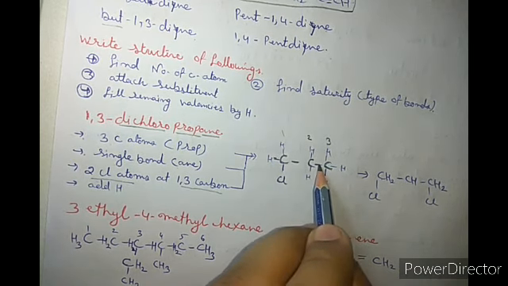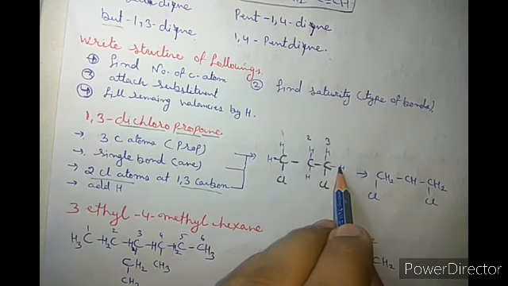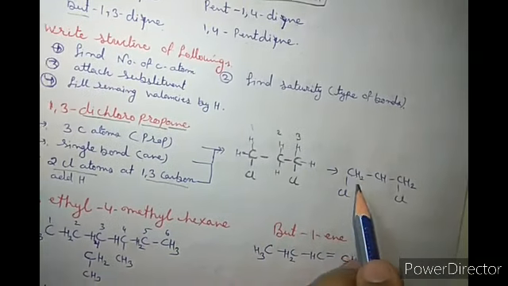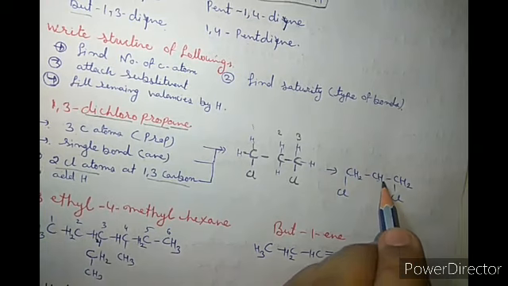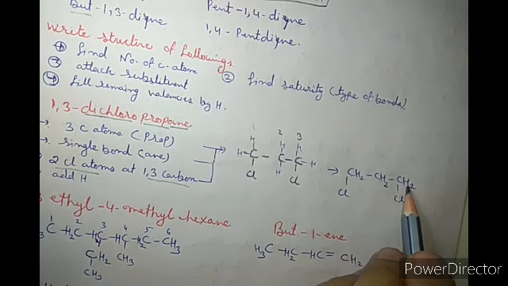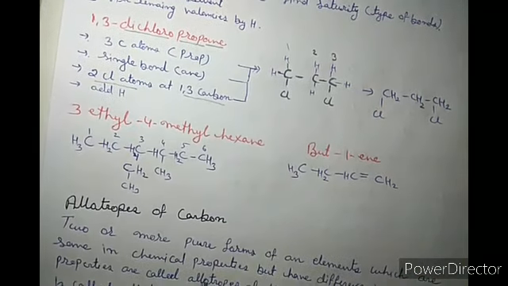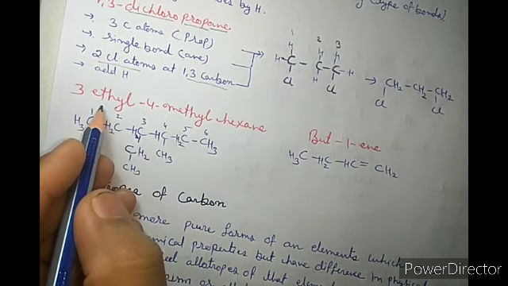This carbon, 1 valency and 1 valency satisfied, 2 are remaining, so that is 2 hydrogens. If we collect them, then CH2, single bond, CH2, single bond, CH2, and 2 chlorines are attached on the first and third. Got it? Clear?